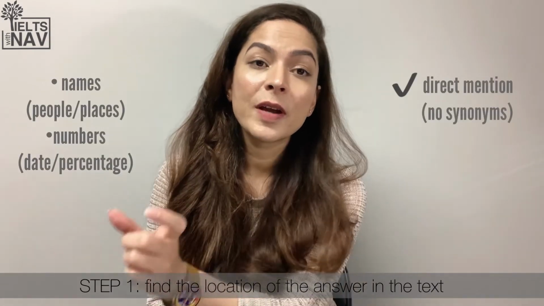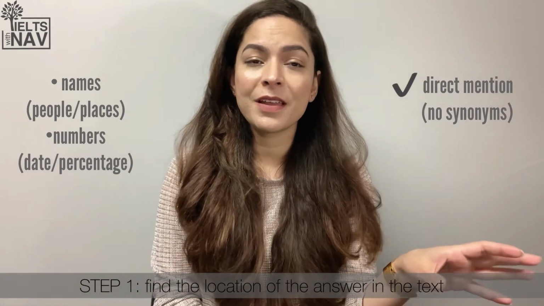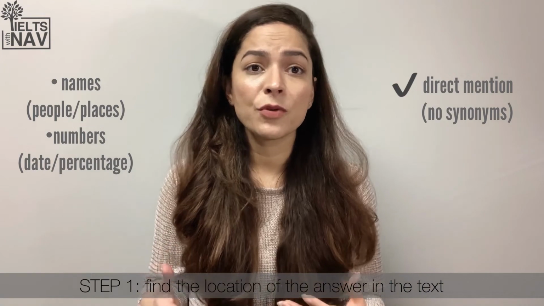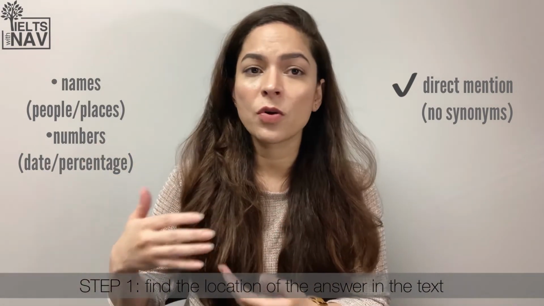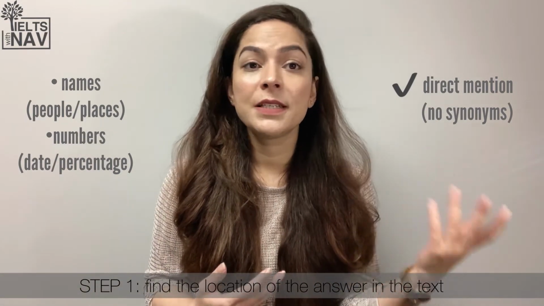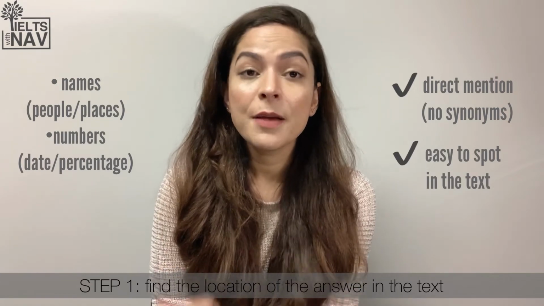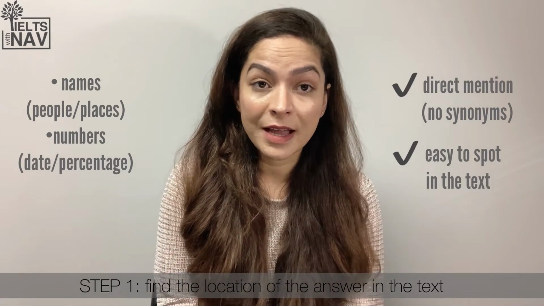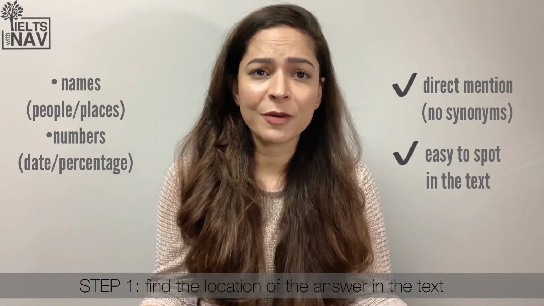For example, if a question contains the name of a scientist, you will find the same name in the text as well. Same goes for numbers, like a century or year or address or date or time. Secondly, these are also very easy to spot because names will always start with a capital letter and numbers simply stand out from the text.